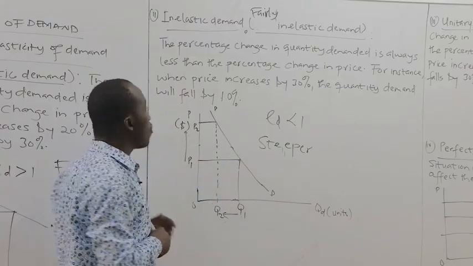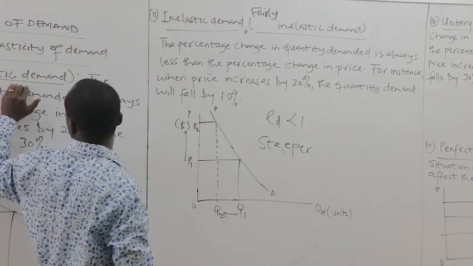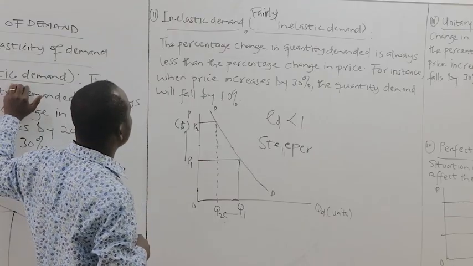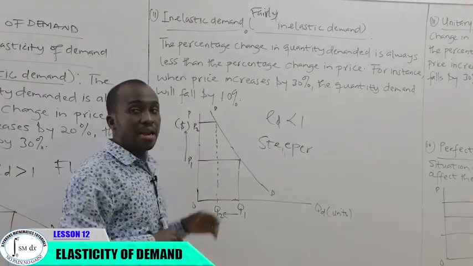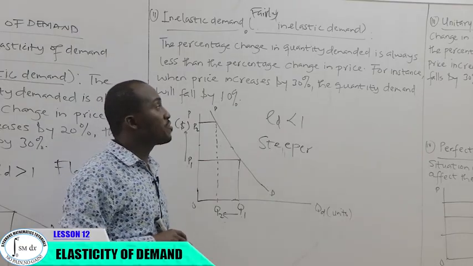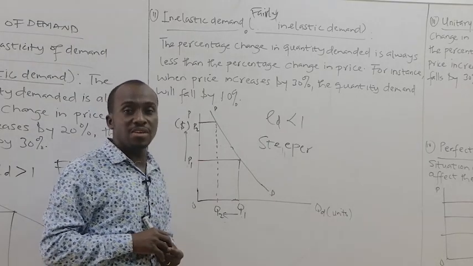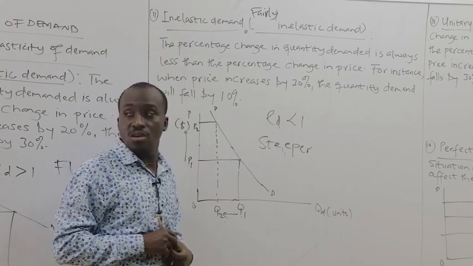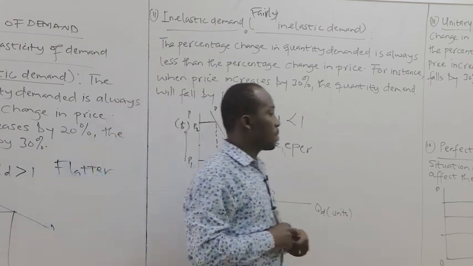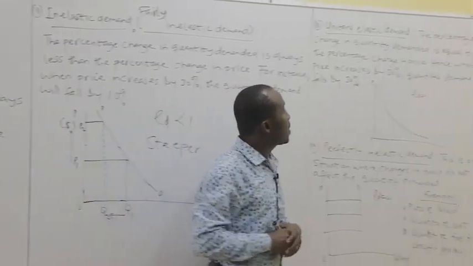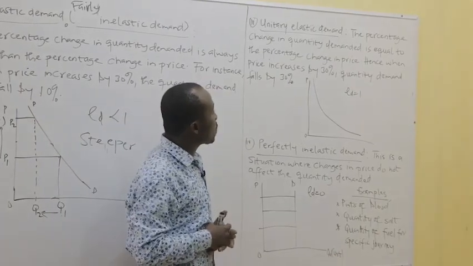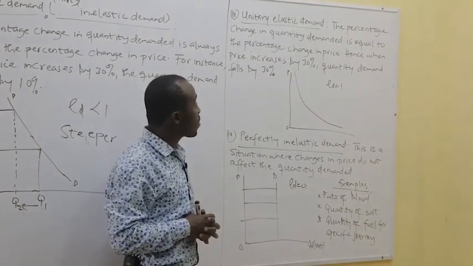So you have seen that for inelastic demand. Let's go to unitary elastic demand. What is unitary elastic demand? Unitary elastic demand is when the percentage change in quantity demanded is always equal to the percentage change in price.